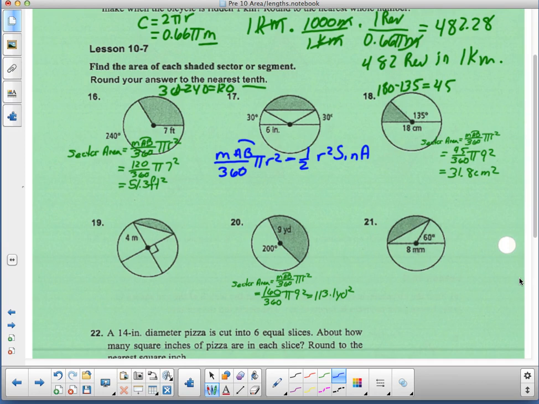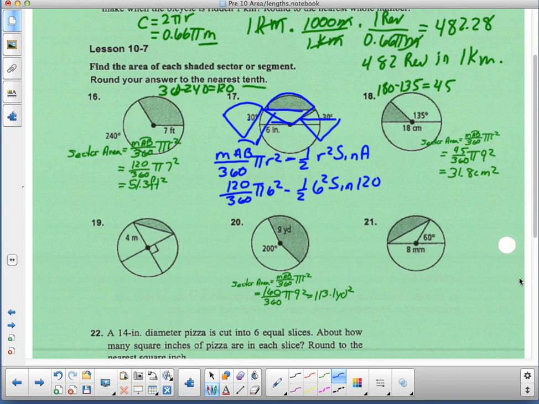So I got the sector area, and I've got my triangle. So this is going to be 60, 180, so it's 120, over 360, pi 6 squared minus 1/2. Remember, radius is 6 squared sine of 120. And this is going to be my sector area minus my triangle. And that's what we've got going on here. We find the sector area first.